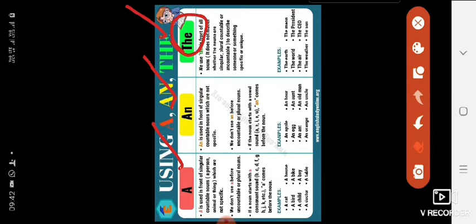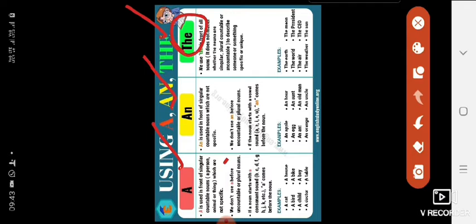A. A is used in front of singular countable nouns which can be a person, which could be an animal, which could be a thing, but there is not a specific usage of these nouns.